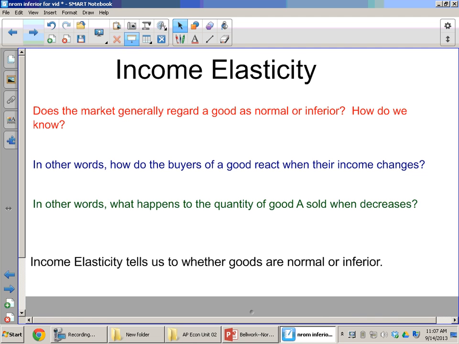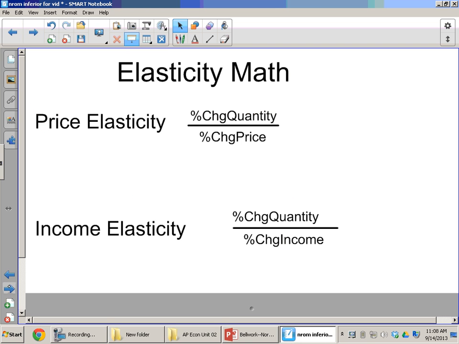So income elasticity tells us the income sensitivity of the demand for a good. In other words, when people's income changes, how does their buying behavior change? Now, the easy thing about this is that the math is basically the same, and just like with cross price elasticity, we'll see that the most important thing is really not even so much the answer, but the direction of the answer.